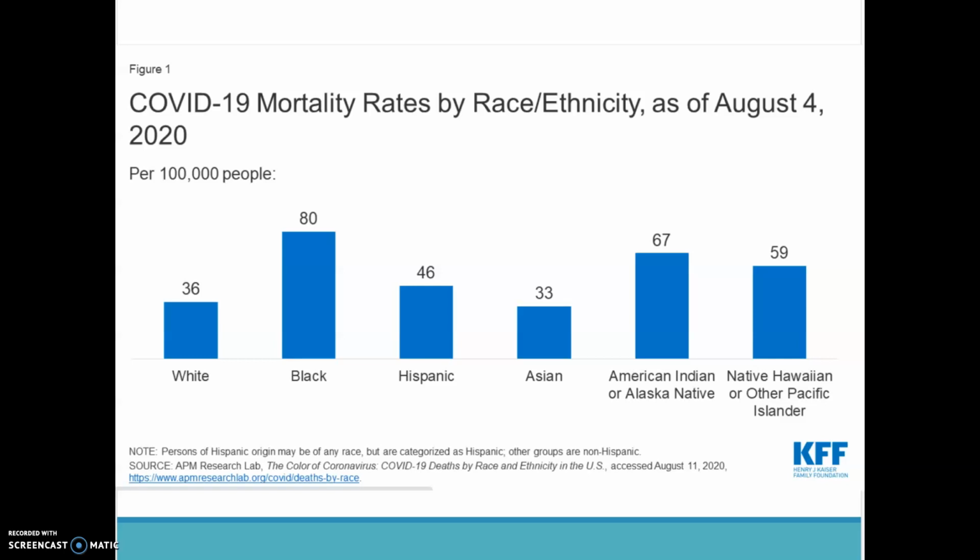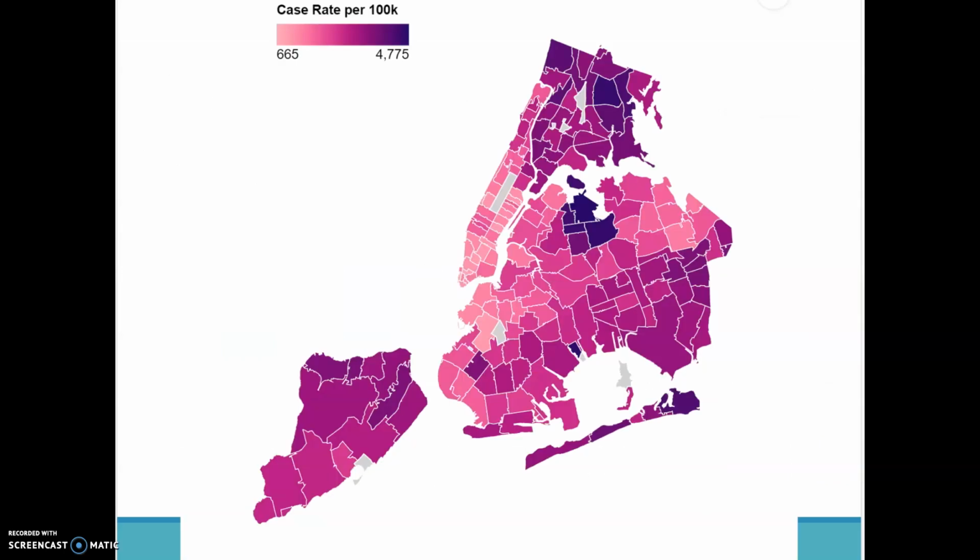And the last thing is a different kind of stratification, similar to what you saw with obesity and sugary beverages. What they did was to stratify the rate of cases. This isn't deaths, but this is the total rate of COVID-19 cases per 100,000 population for the different community districts. And the darker the color, the higher the rates in those communities.